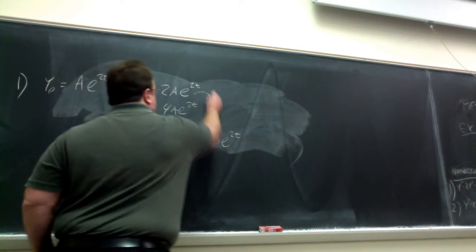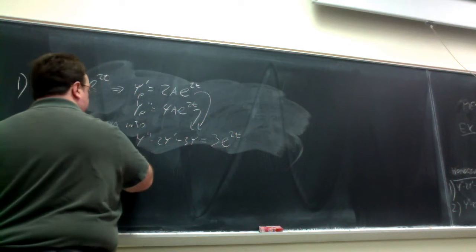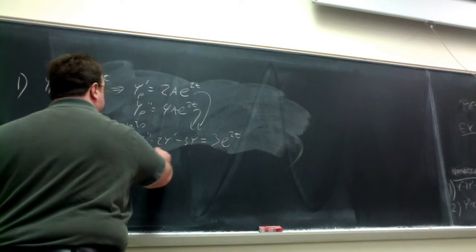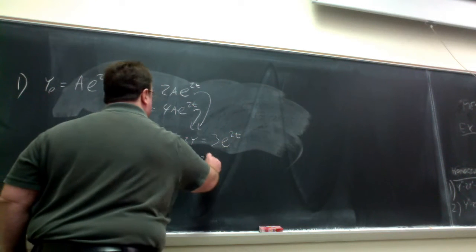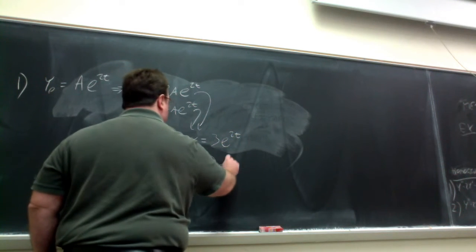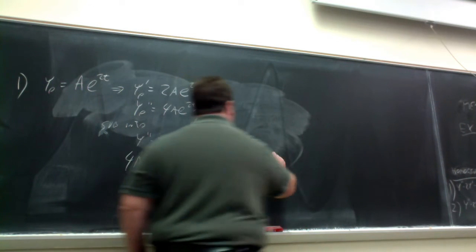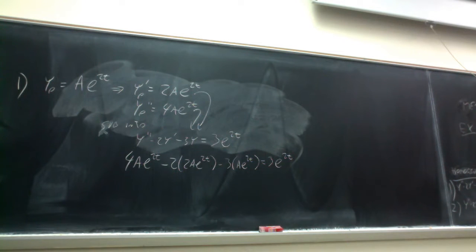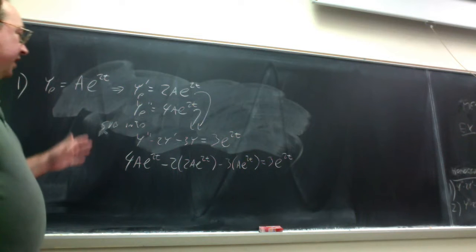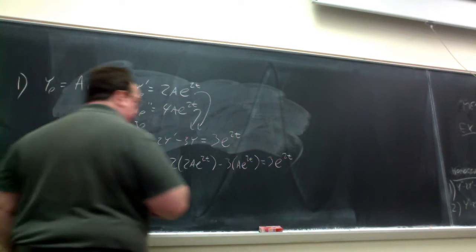So we take all this and substitute it in here, and what we get is 4a e to the 2t minus 2 times 2a e to the 2t minus 3a e to the 2t, and that must equal 3 e to the 2t. Now, what's convenient is you have e to the 2t in every term on the left side and right side.